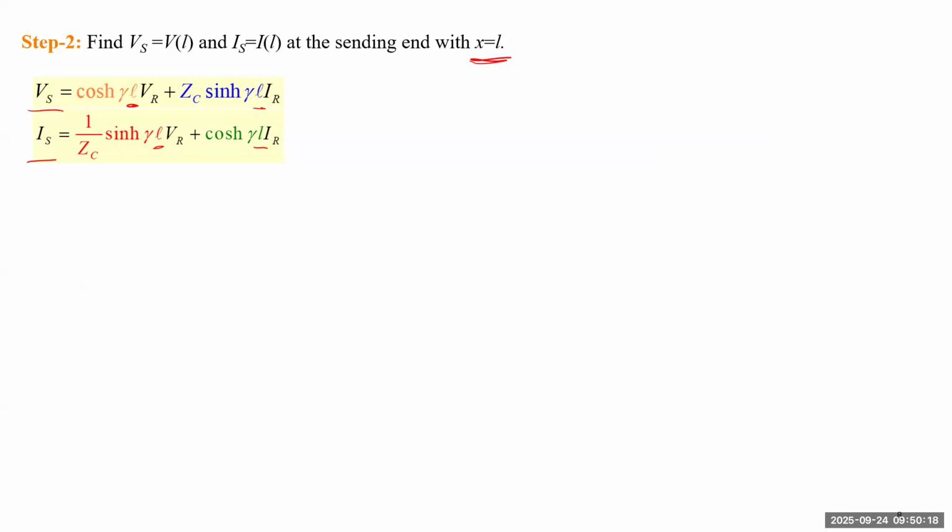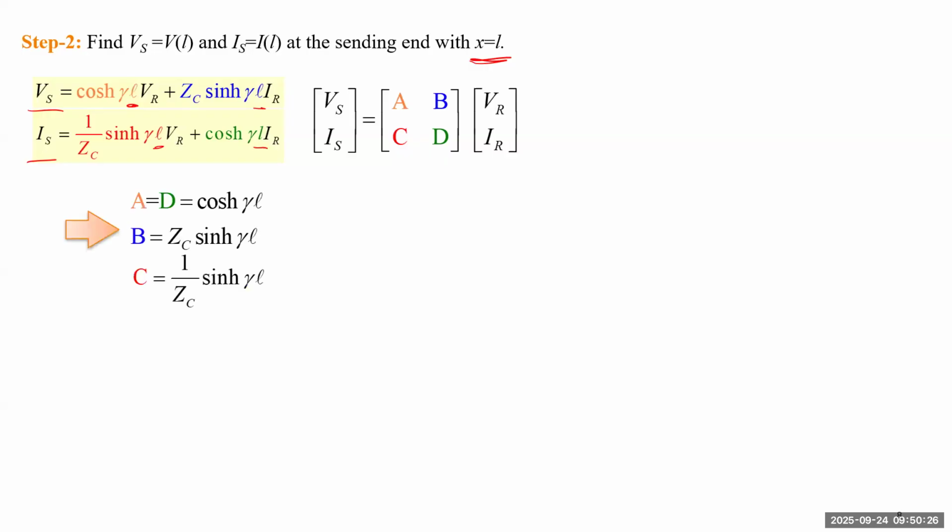I already colored those coefficients, so by comparing those two equations to the standard transmission matrix, you will immediately know A and D are equal to cosh gamma L. B is equal to ZC multiplied by sinh gamma L. And C is 1 over ZC multiplied by sinh gamma L. Those will be the A, B, C, D for the matrix.